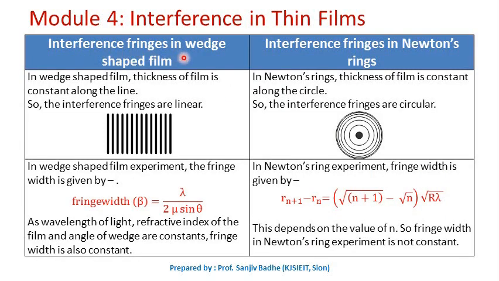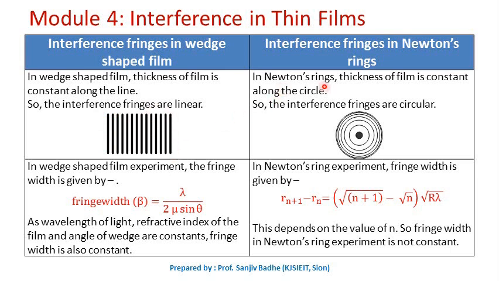Let us compare the interference fringes in the wedge-shaped film experiment with interference fringes in Newton's ring experiment. In the wedge-shaped film experiment, a wedge-shaped film is formed between two plane glass surfaces. So the thickness of the film is constant along a line, and therefore the interference fringes obtained are linear. So in the wedge-shaped film experiment, we get alternately placed dark and bright fringes.